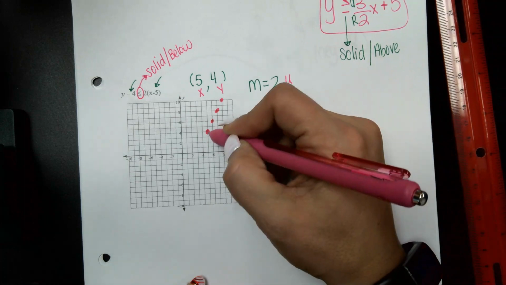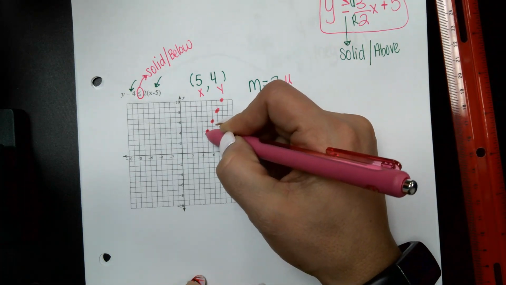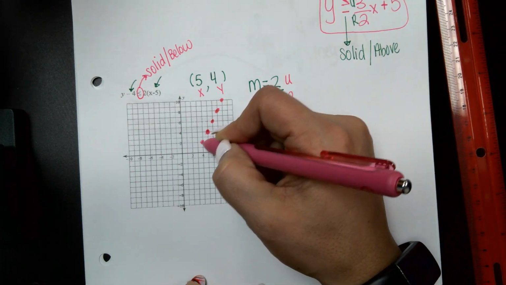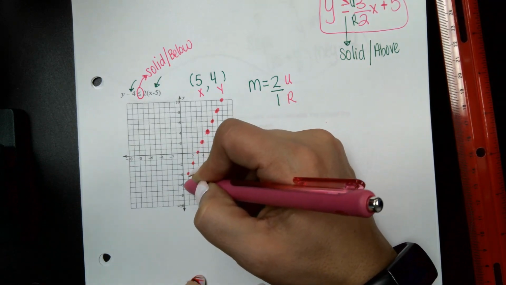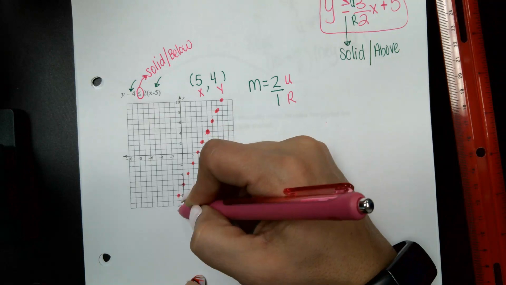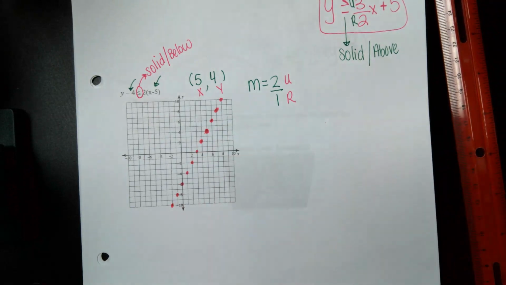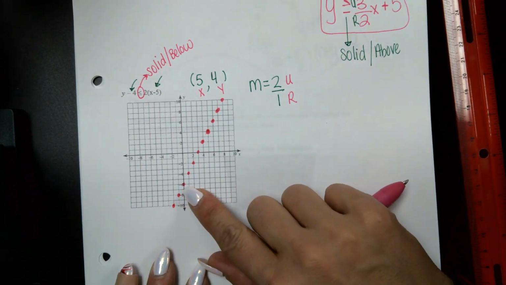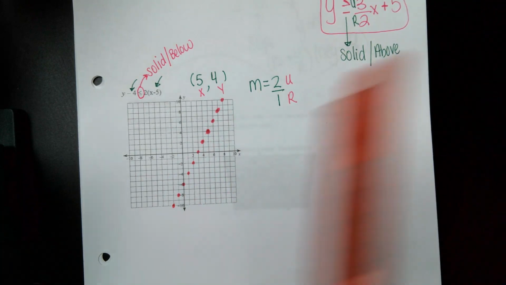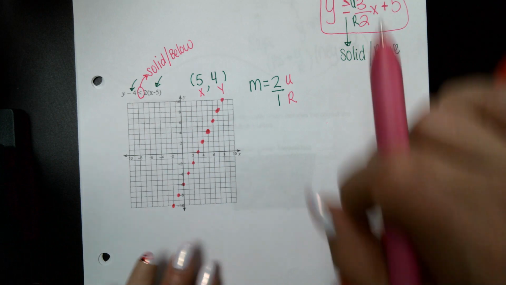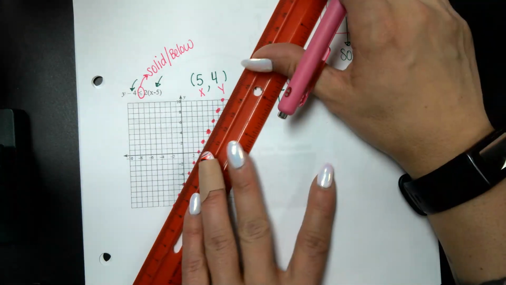You're ahead of me. Okay, so then go back here and then go down to left 1. So we can fit lots of points on this one. Yeah, there's like 1, 2, 3, 4, 5, 6, 7, 8, 9, 10, 11. 11 total points. Then make it solid.